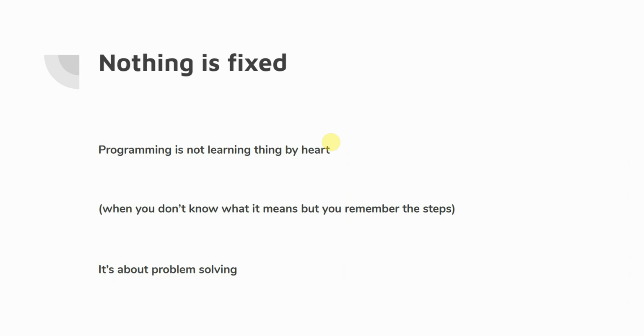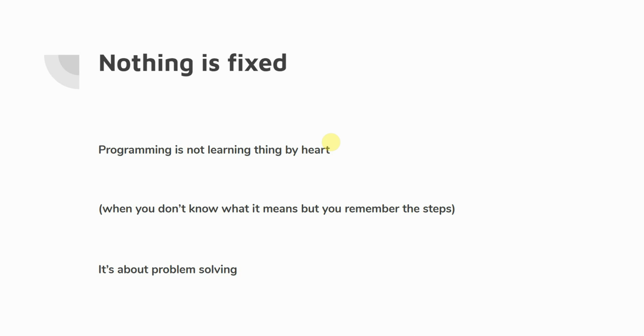Okay, we know that nothing is fixed. Programming is not learning things by heart. It's not like you memorize something by heart and you keep doing it. You have to change, you have to learn, you have to understand. You might not know what it means, but you remember the steps, right?